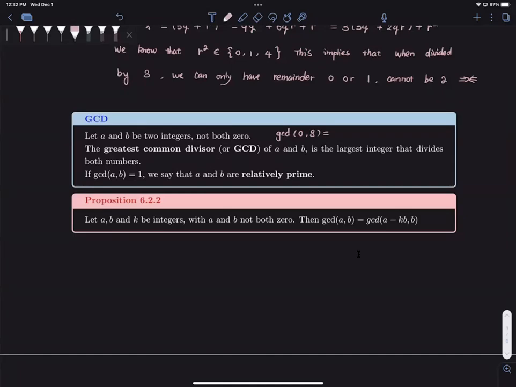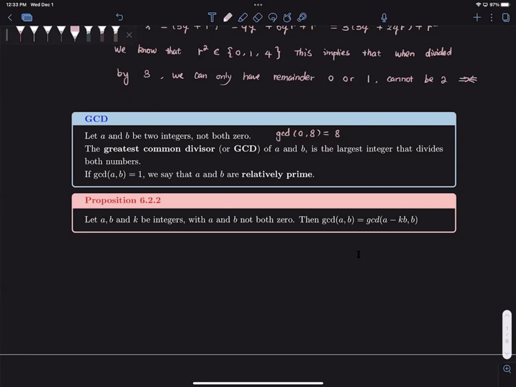Okay, cool, nice. Because why is it 8? Why is it not 0? Greatest common divisor. Okay, cool.